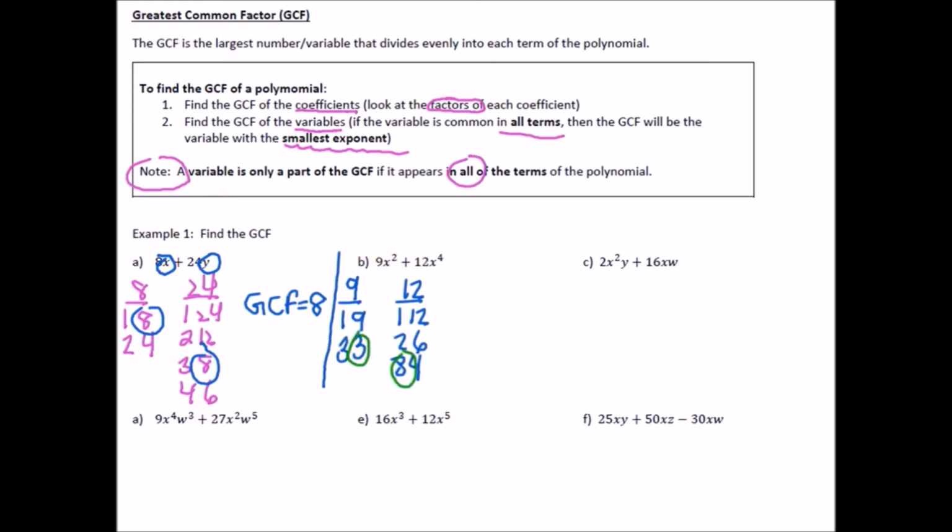So we can definitely divide a 3 out of each of these. Now, let's take a look at x squared and x to the 4. Well, yes, there's an x in each of these terms. So we're going to take the x with the smallest exponent, which is the x squared. So the greatest common factor is going to be 3x squared.